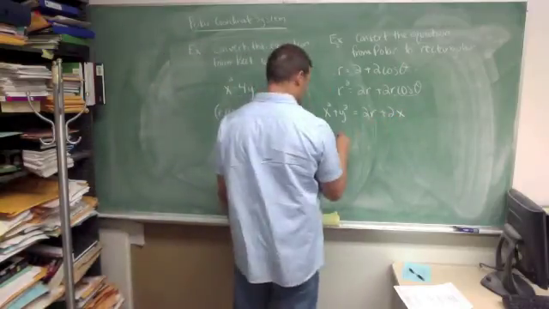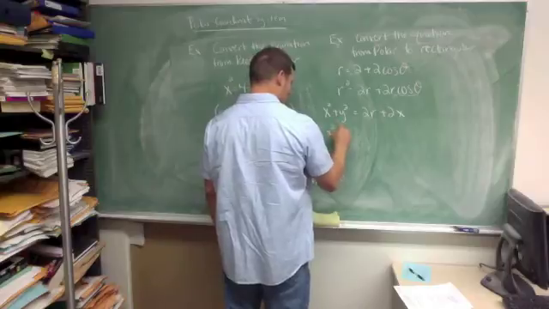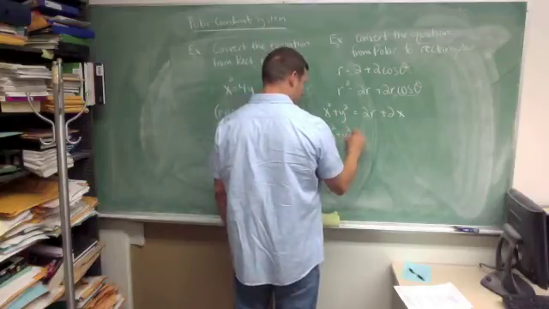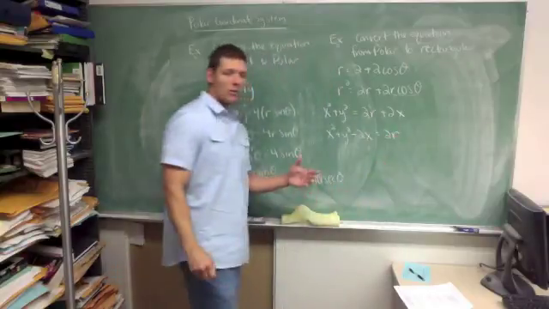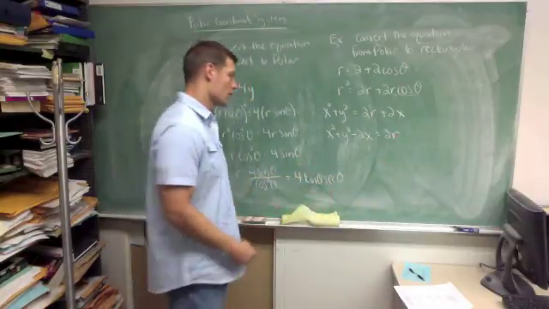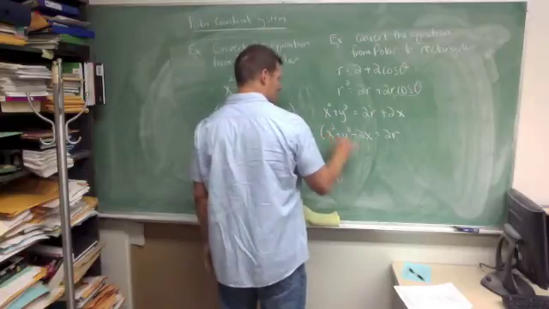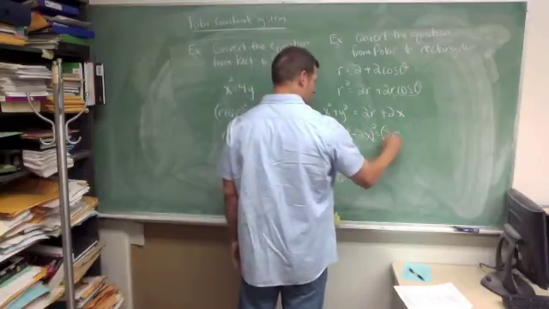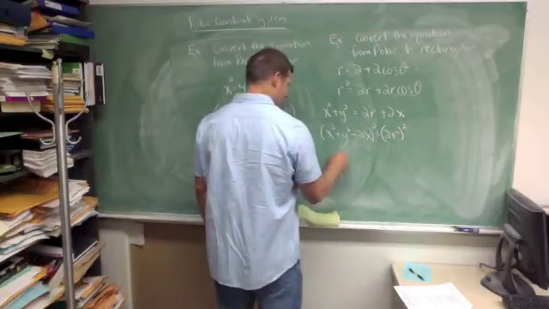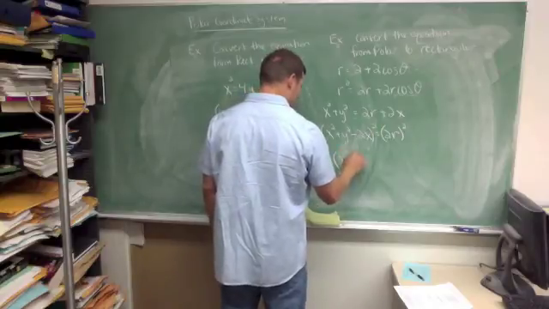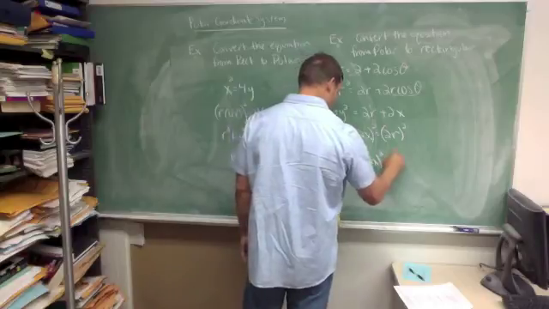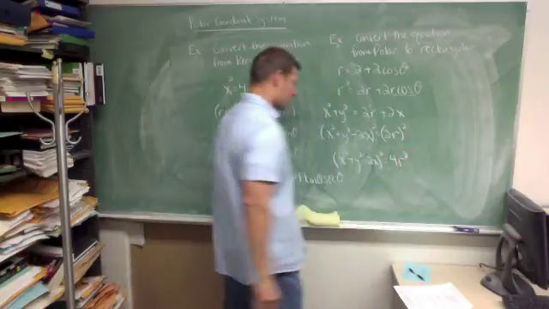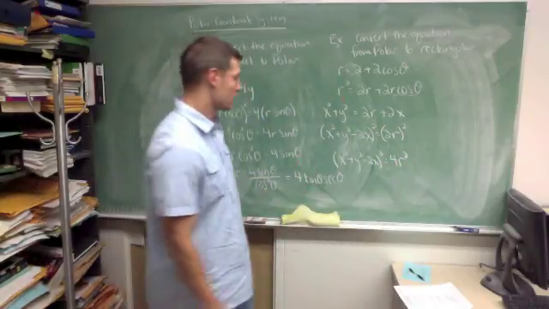You can subtract the 2x: x squared plus y squared minus 2x equals 2r. Again, we don't want r. We'd rather have r squared. So if I square both sides, then I'll have (x squared plus y squared minus 2x) squared equals 4 r squared, but r squared is x squared plus y squared.